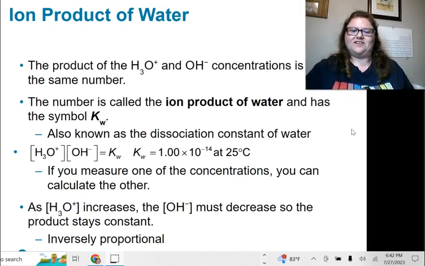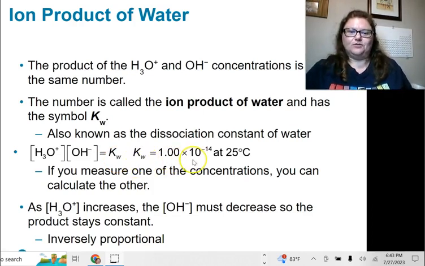It's also known as the dissociation constant, since this is breaking apart, which is called dissociation. And so we can say that the H3O+ concentration, when multiplied by its counterpart hydroxide concentration, is going to be equal to this ion product, Kw. And Kw is equal to 1 times 10 to the negative 14.